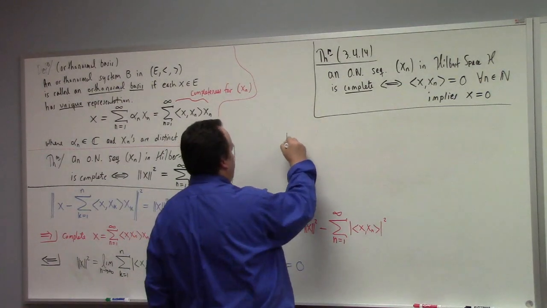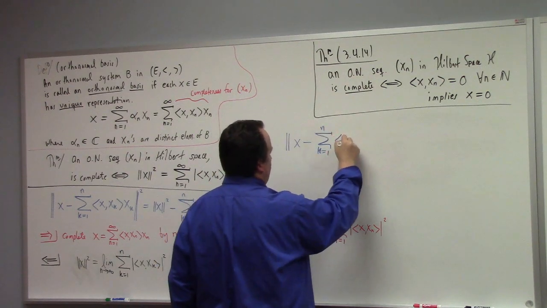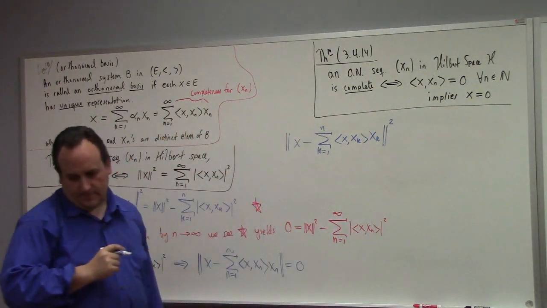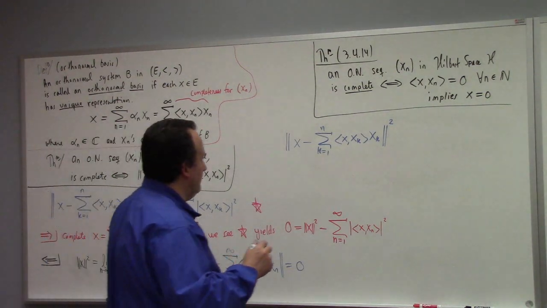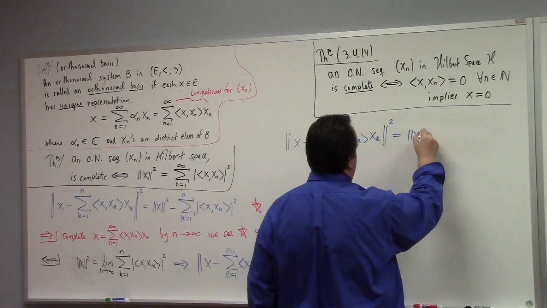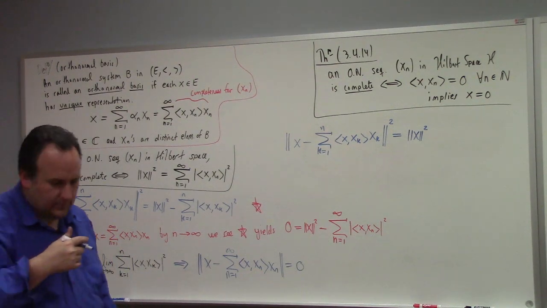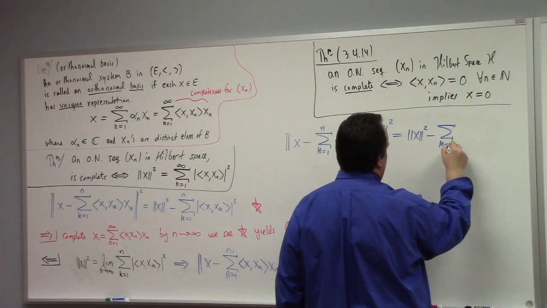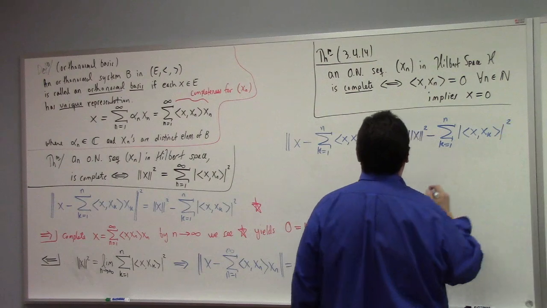The norm of x minus the sum k equals 1 to n of the inner product of x with xk, that squared, is equal to, he says, the norm of x squared minus the sum k equals 1 to n of the absolute value of the inner product of x with xk, squared.